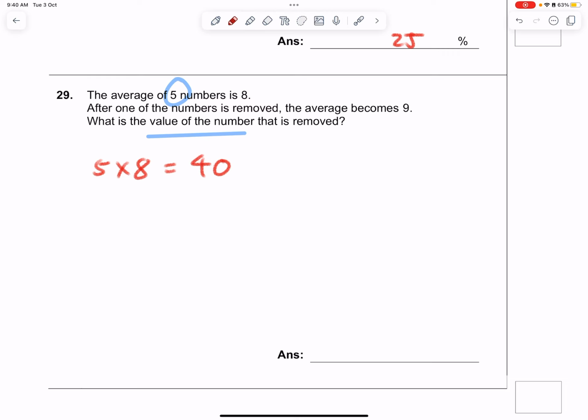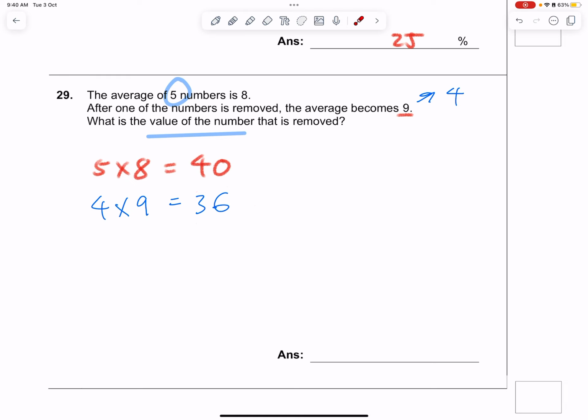Now, what happens when this number is removed? The average becomes 9. But how many numbers are there after you remove 1? 4. So, 4 times 9 is 36. So just by removing that one number, the total dropped to 36.